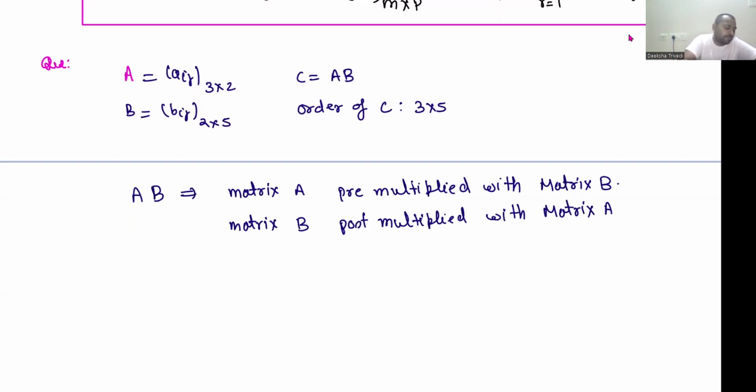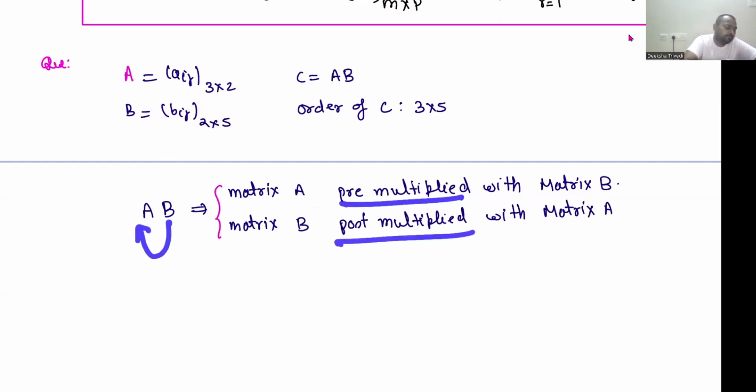So the same AB, we can see with respect to A and B: A is pre-multiplied with B, or we can say B is post-multiplied with A.